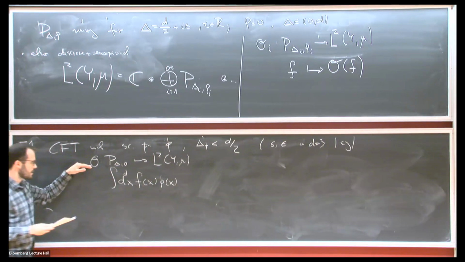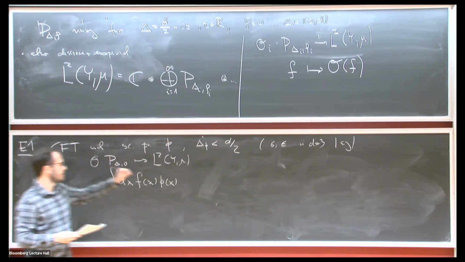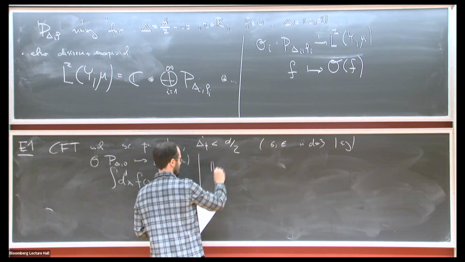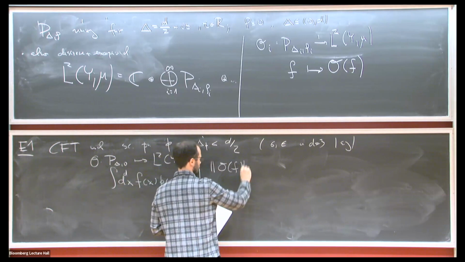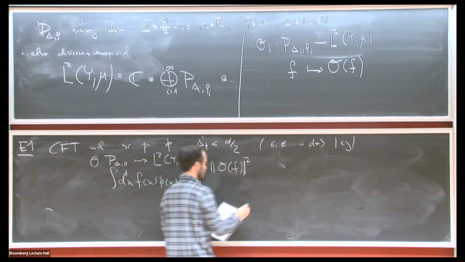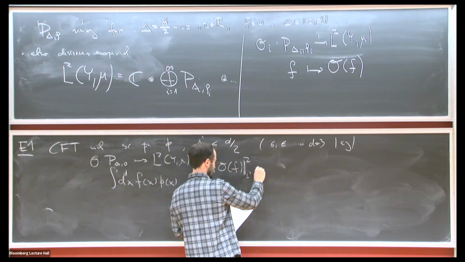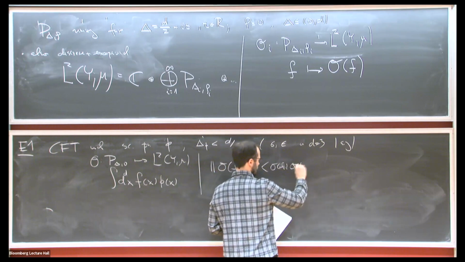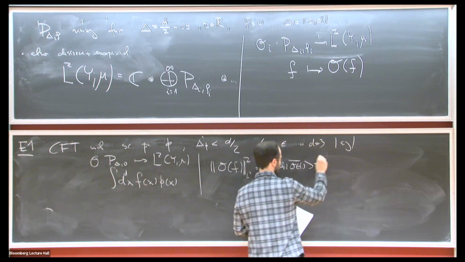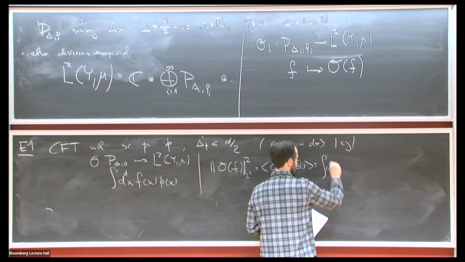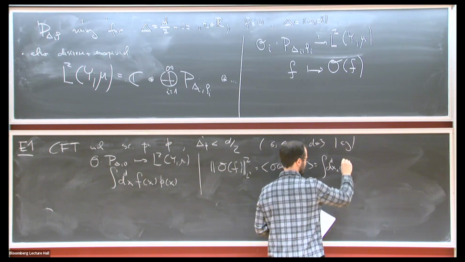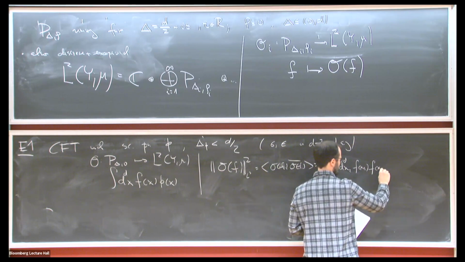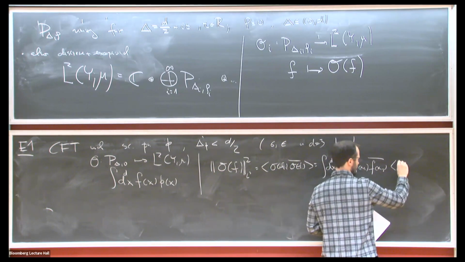And you can check easily that this is actually L2 normalizable, which is guaranteed by this condition. We'll just show it for concreteness. What is the norm of this in our L2 space? It's just O of f, O of f bar, which is the same thing as the integral dx1 dx2 f(x1) f(x2) bar times the 2-point function of phi.